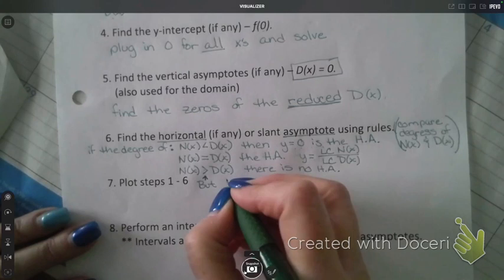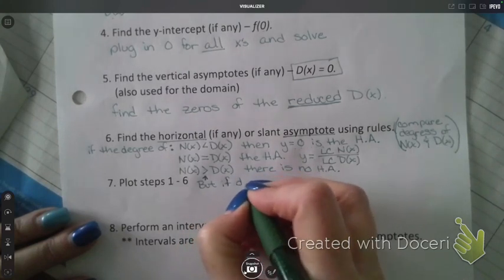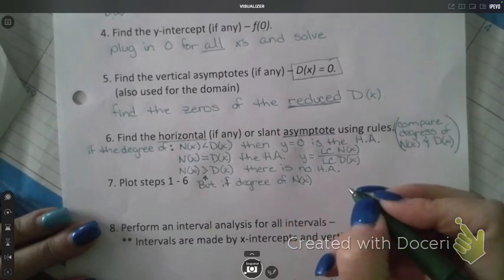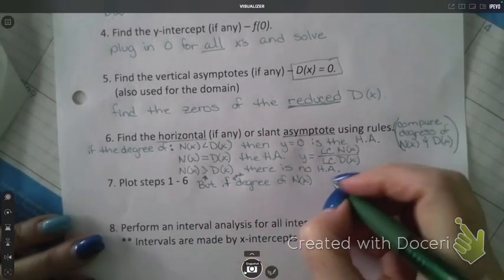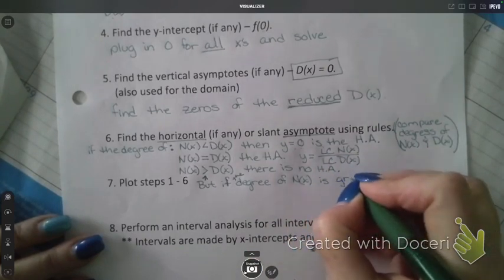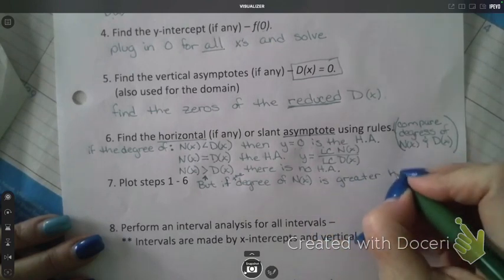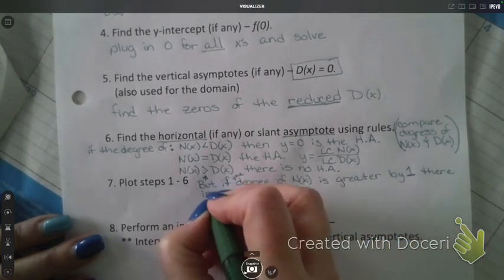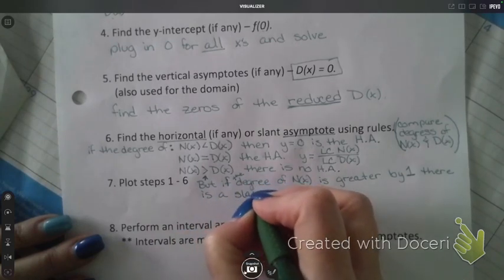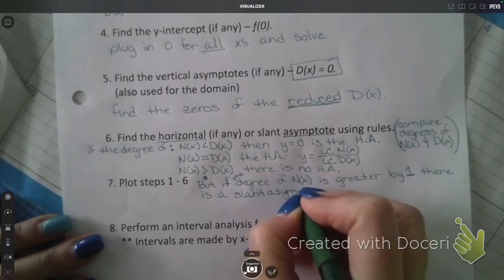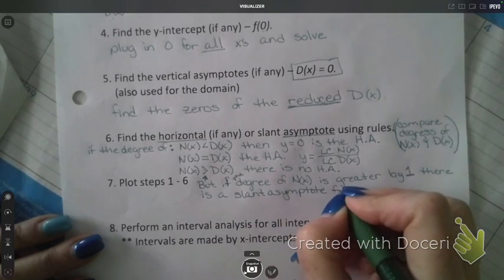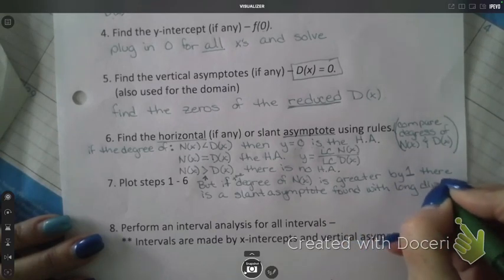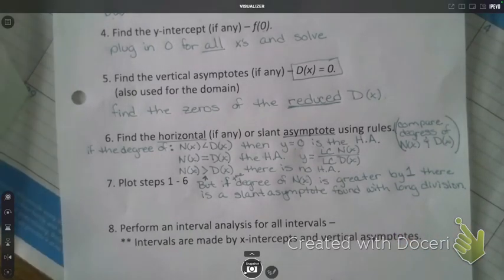If the degree of n of x is greater by 1, there is a slant asymptote found with long division. Okay.